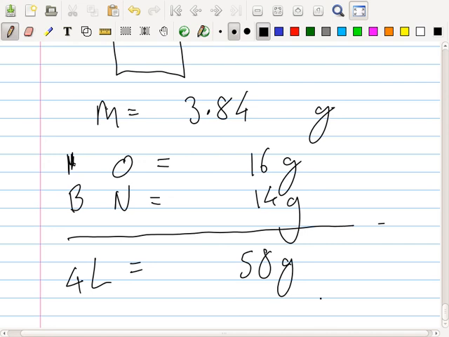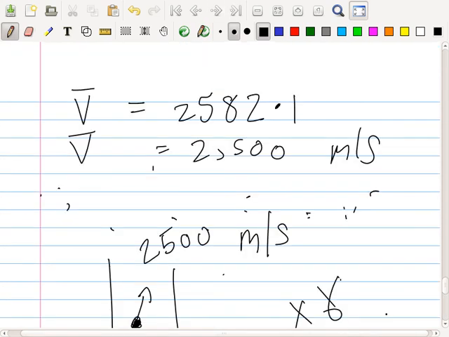So Albert, can you do this number divided by this number? 3.84 divided by 58. 0.15. So about 15 then, is it? Yeah.